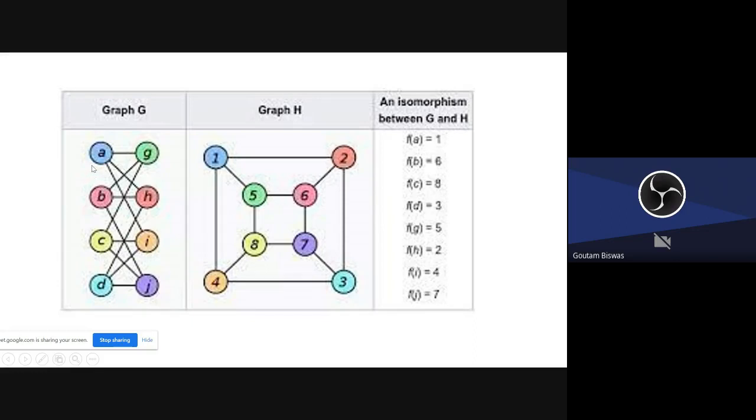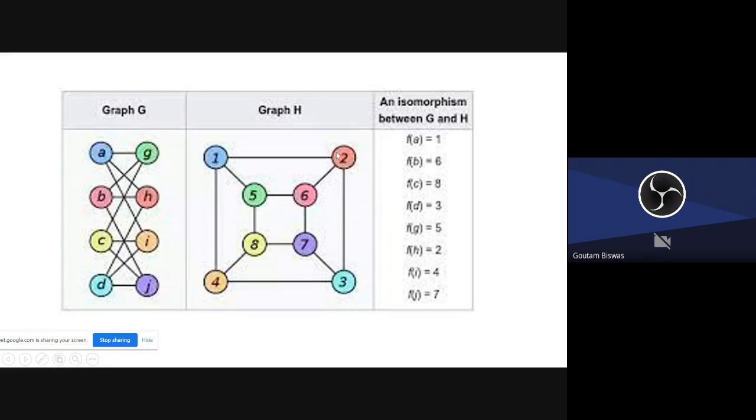How? Because A is connected to G, H and I. Here in this figure, 1 is connected to 5, and 5 means G. 1 is connected to 4, and 4 means I. And 1 is connected to 2, and 2 means H. So the adjacency of A is preserved.